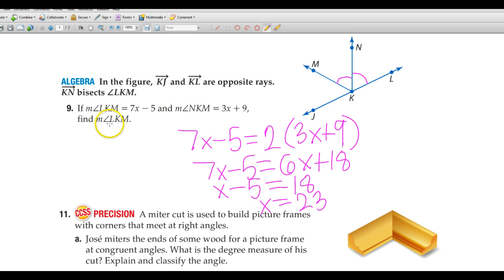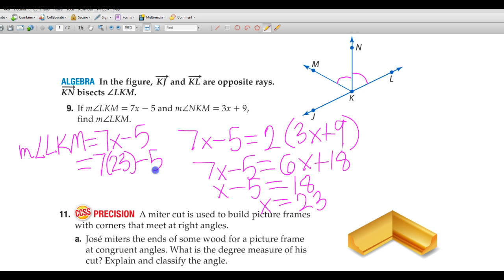Like in this case, we're not asked to find x, we're asked to find the measure of angle LKM. So the measure of angle LKM, which is equal to 7x minus 5, if we substitute in 23 in place of x, we would get 156 degrees.